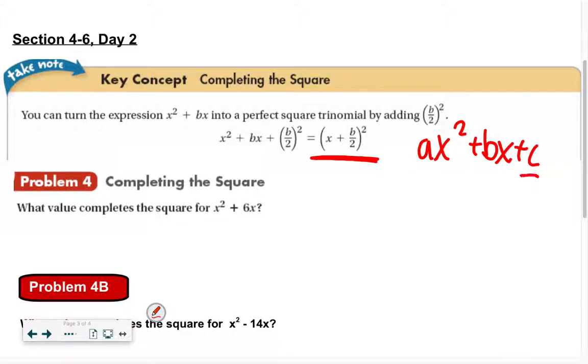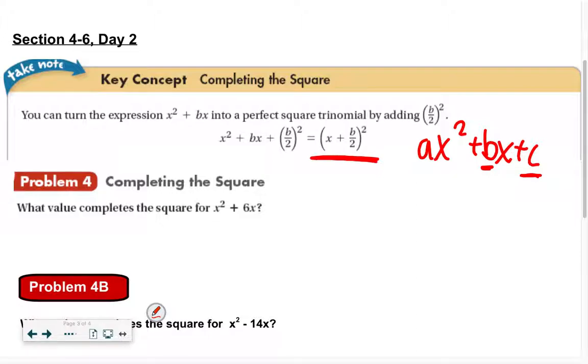We need to figure out what this c value is. We want to pick a nice one so we can get it in our perfect square parentheses. To figure out what that number is, all we do is take our b value, the thing attached to just x, and divide by 2. That's all we do to figure out that value.